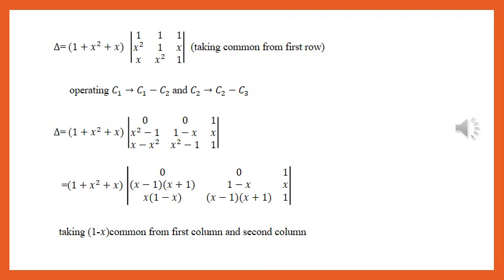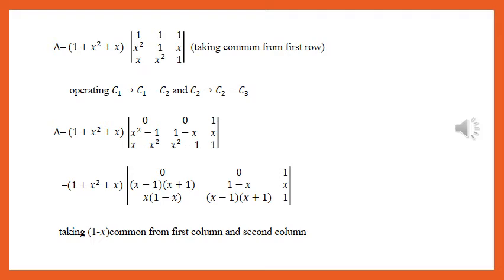x² − 1 along the first column is taken as (x − 1)(x + 1), and x − x² factors are x(1 − x). Now column 2: 0, 1 − x, and again x² − 1, whose factors are (x − 1)(x + 1), and third column 1 x 1.